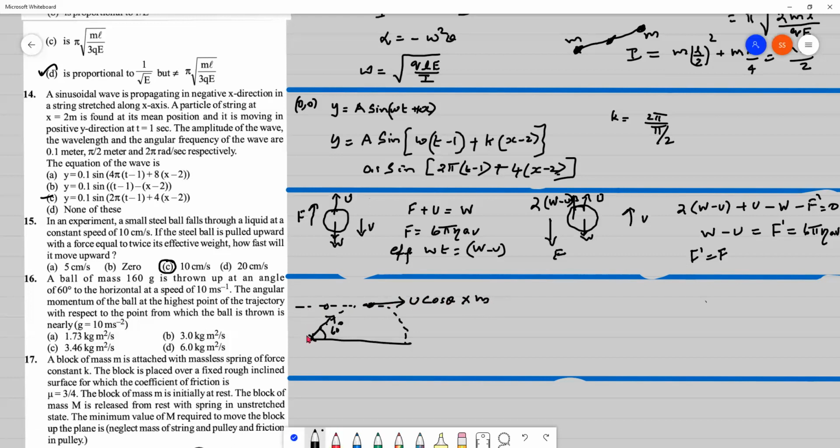And always you find the angular momentum as nothing but the momentum into the perpendicular distance. The perpendicular distance here is h max. So the angular momentum L at the highest point with respect to the point of projection is, momentum vector m u cos theta, into h max.